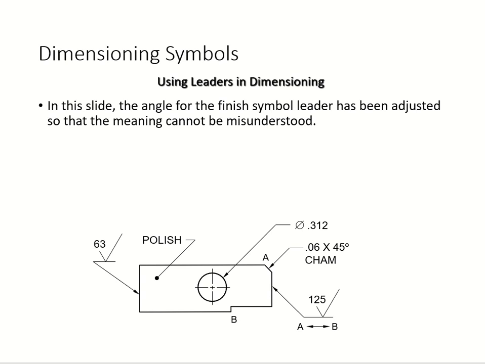For the finish symbol leader, you have to adjust it, meaning you can't use a very wide angle. See, there's no wide angle like this. You cannot be misunderstood, because when we draw it, we make sure that everybody clearly understands by reading the leader line on labels.